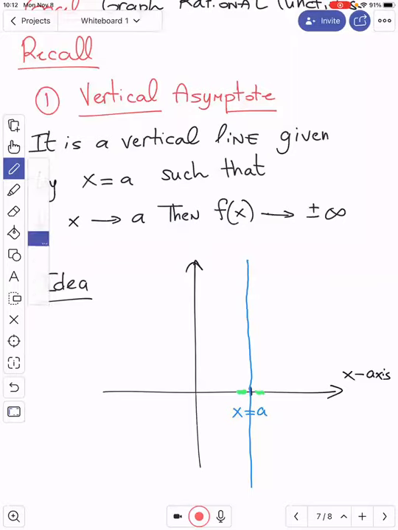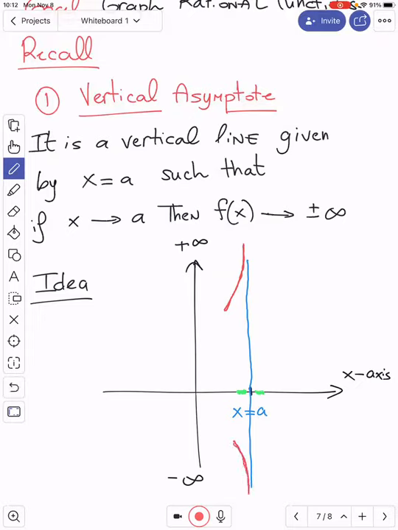So this is supposed to be positive infinity, and this is negative infinity. As you can see, the values of the function f go up or down, to positive or negative infinity.